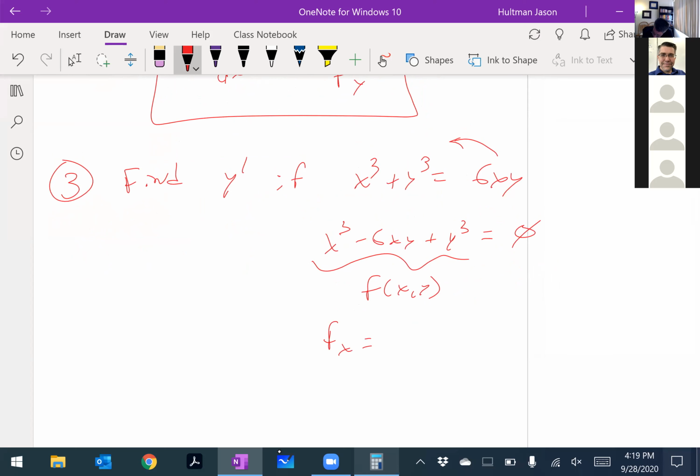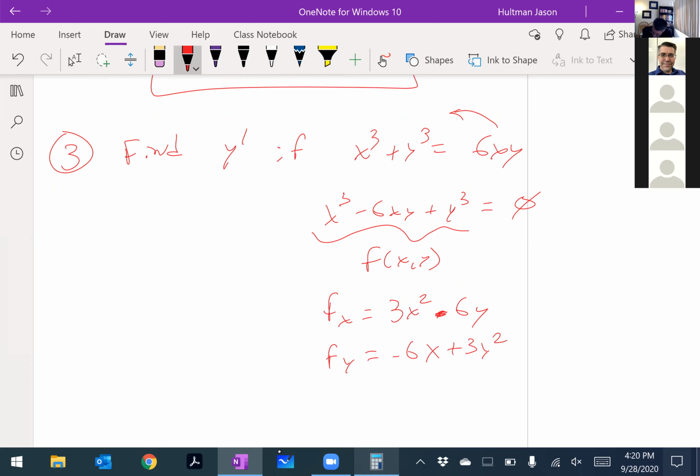What's f sub x? Well, that's 3x squared minus 6y. And then what is f sub y? Well, that's going to be negative 6x plus 3y squared. Okay, cool.